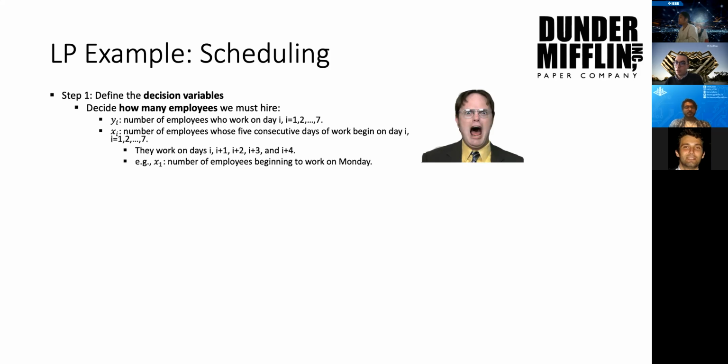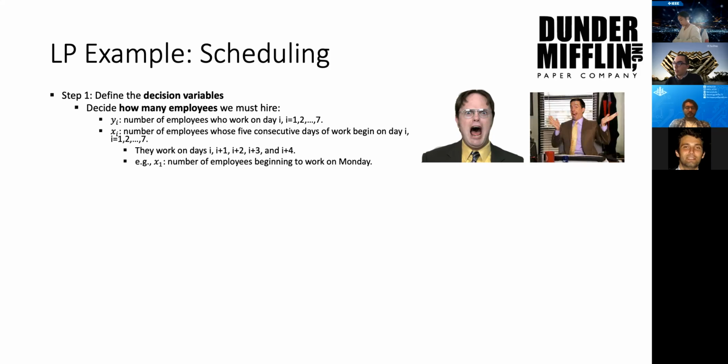Instead, we define another decision variable, which tells us the number of employees whose 5 consecutive days of work begin on day i, from 1 to 7. So if we have x1, it means the number of employees beginning to work on Monday. Then we are happy with our decision variable selection.